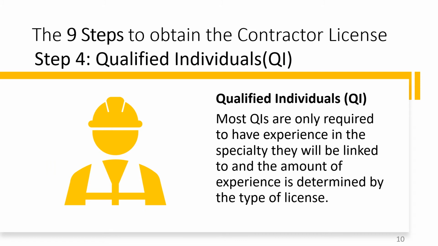Step 4. Qualified individuals. Most qualified individuals are only required to have experience in the specialty they will be linked to, and the amount of experience is determined by the type of license.